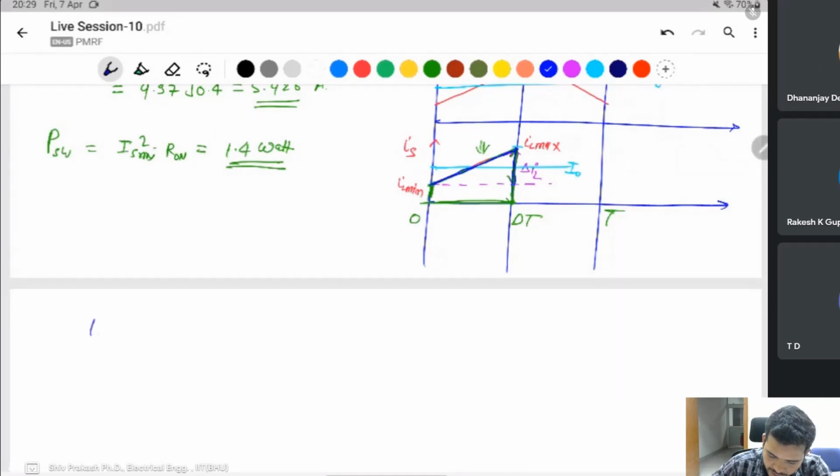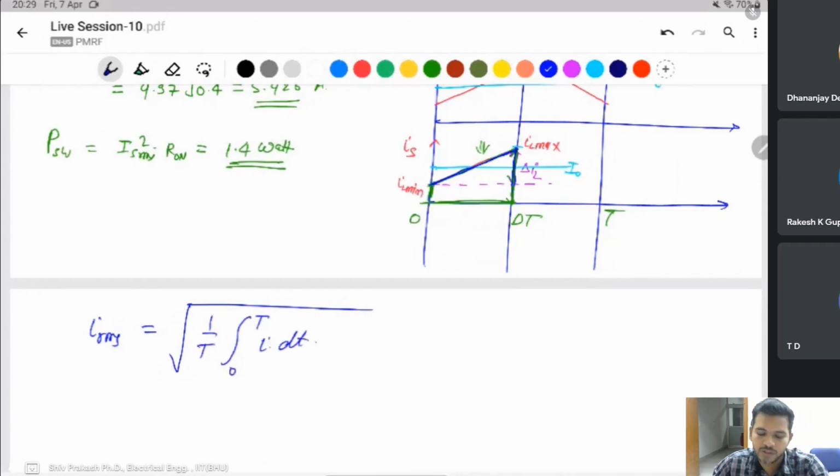RMS of any quantity: you calculate the integration over one time period, from 0 to the whole time period, of the current. Where the waveform is present, first of all find the current expression. If you have this current expression, then you can calculate the RMS directly.